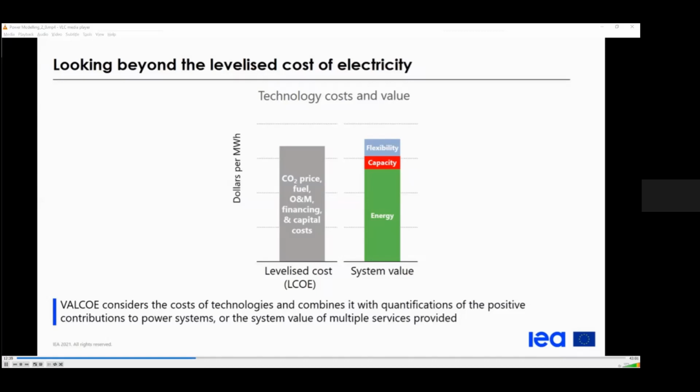And the third one is on the flexibility side, that encompasses all additional services that really ensure the quality of electricity services. And these kinds of services are generally valued through ancillary service markets that are also emerging in some countries.